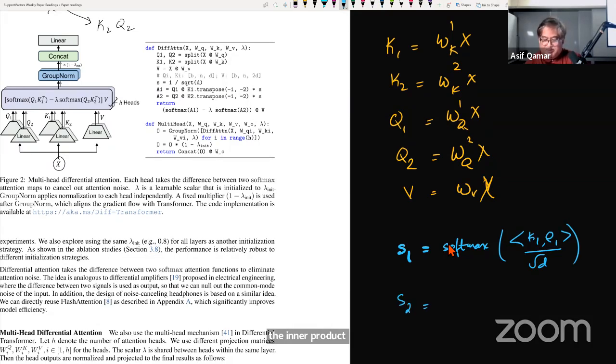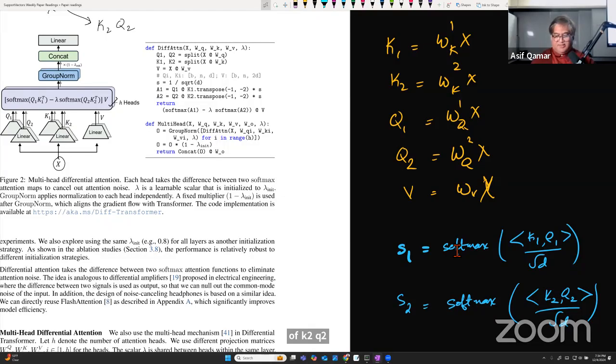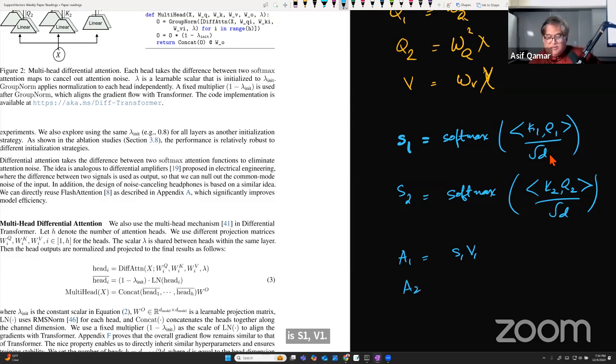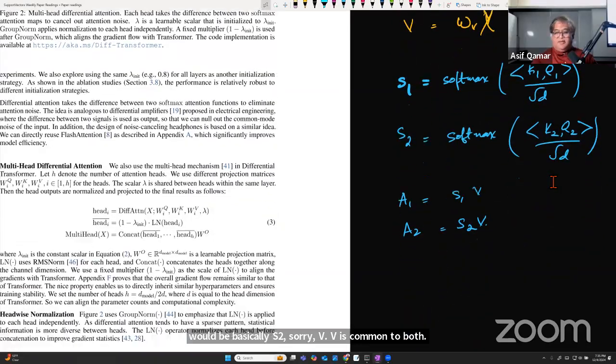And this one, S2, will be the softmax of K2, Q2 over square root of D. I'm just writing the formulas down as they are. And as you know, from this we derive that attention 1 is S1 V, attention 2 would be S2 V. V is common to both. And what they are saying is, we are going to take the difference of the two attentions.